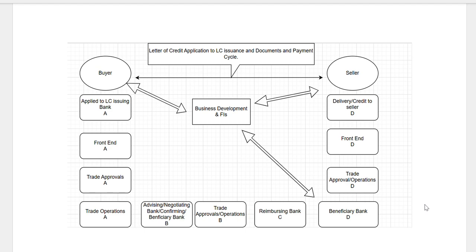Today we are going to discuss trade finance, how the LC is issued within the departments of the bank or within the financial institution departments.